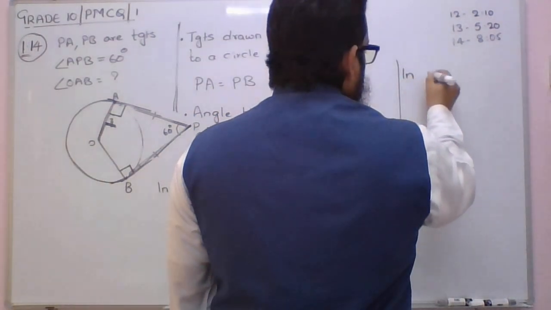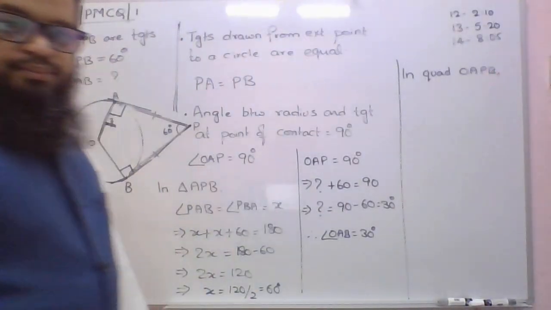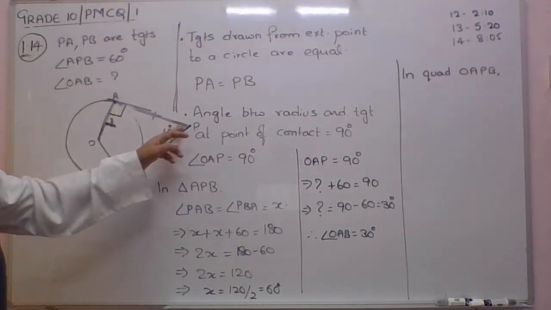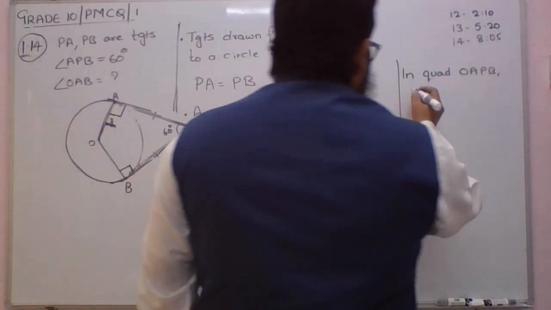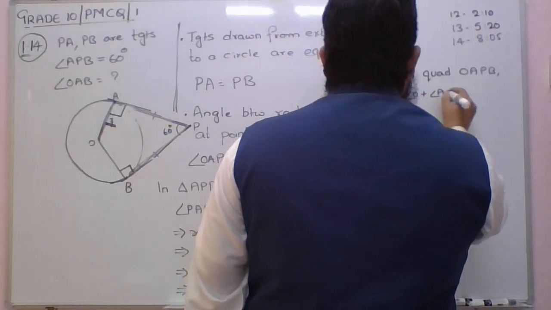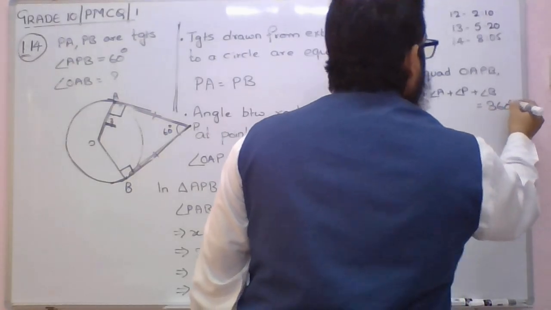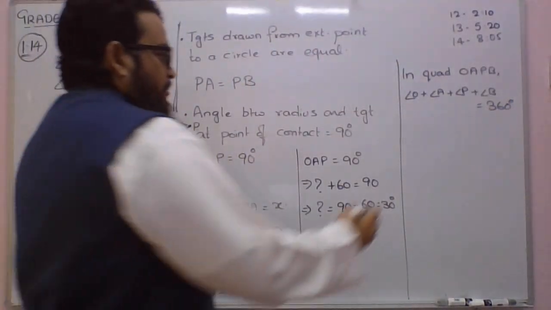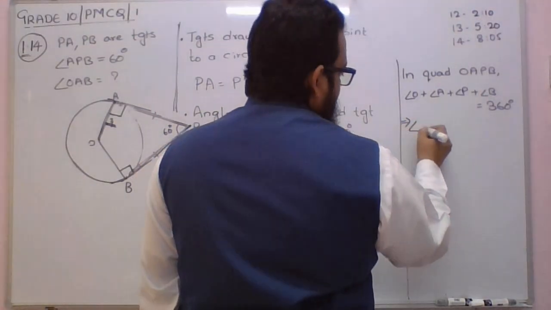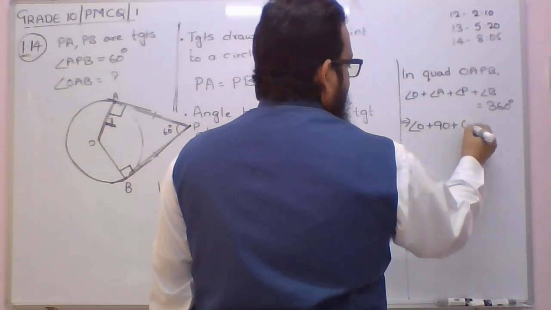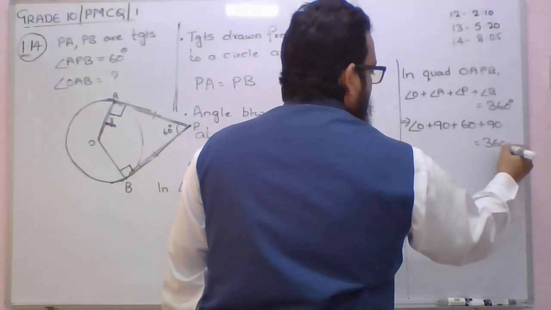So in quadrilateral OAPB, what is the sum of the 4 angles? The sum of 4 angles is equal to 360 degrees. So angle O plus angle A plus angle P plus angle B is equal to 360 degrees. Understood? You don't know angle O, but angle A we know is 90 degrees, angle P is 60 degrees, angle B is 90 degrees, equal to 360.